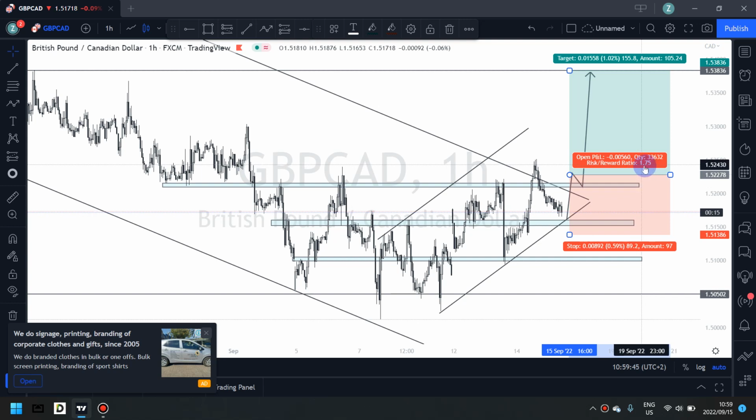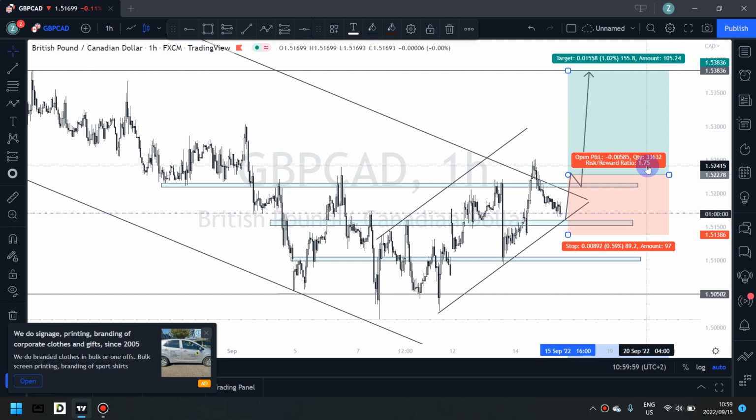So as you can see, it's more than 1.5, probably 0.25 more. As long as it's more than 1:1.5, then it's good, because a 1:1.5 would be like 150% of your risk.